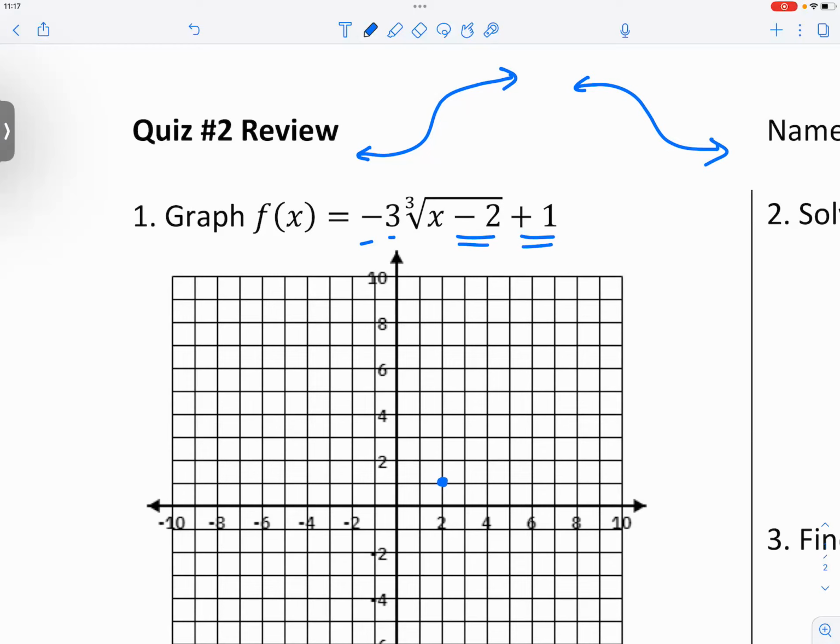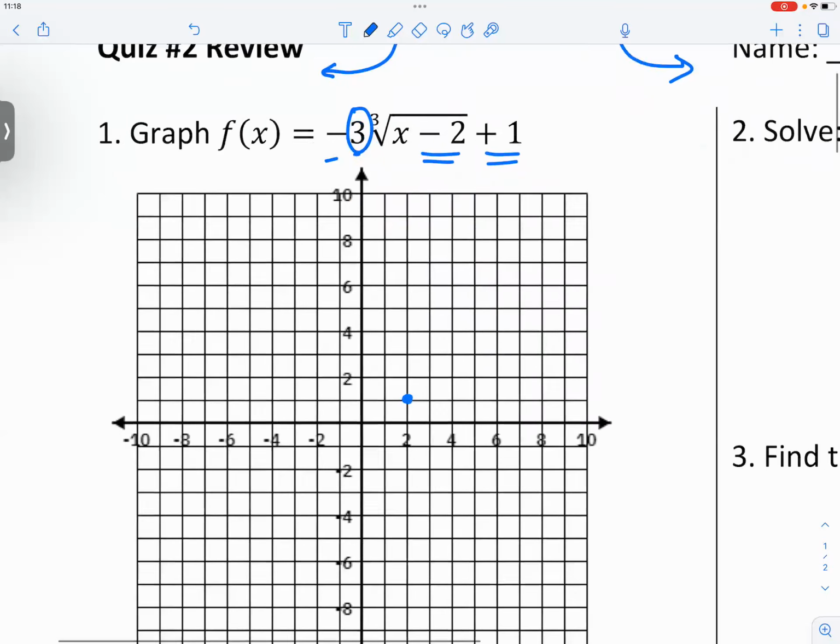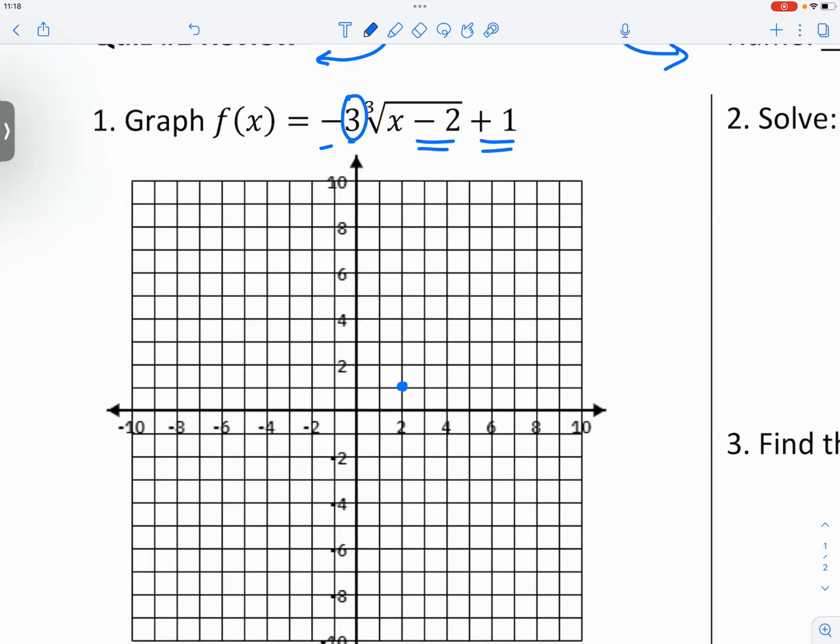And then we also have a vertical stretch. Okay, this is an A value here. This is a vertical stretch. Because of the vertical stretch, the way we move vertically would be stretched, right? So we expect that when we move to the left, we're going to move up 3 units instead of 1 unit.